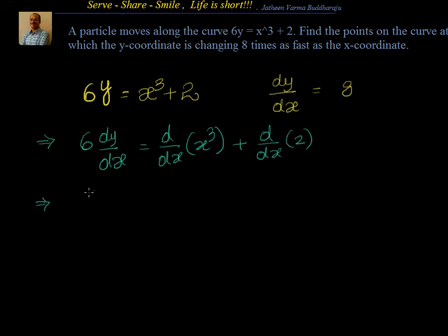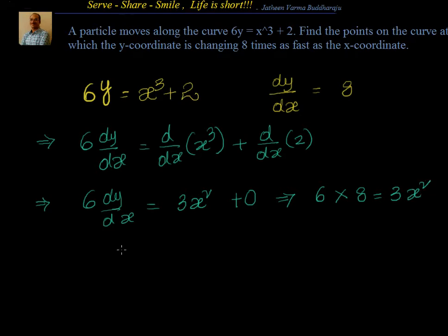So this becomes 6 dy by dx equal to d by dx of x cube is 3x square, dx by dx is 1, plus 0 because constant differentiation is 0. Or can I say 6 into dy by dx, which is 8, is equal to 3x square.